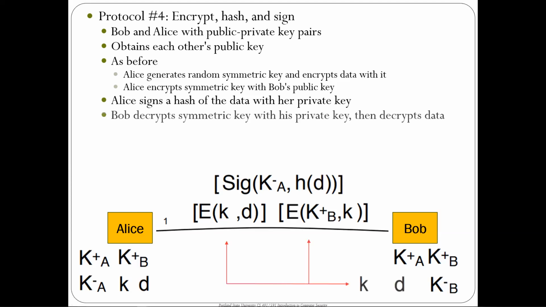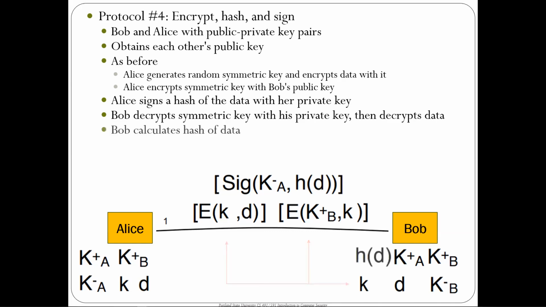And what this does is on the other side, Bob is going to do what he did before: decrypt the symmetric key with his private key, and then decrypt the data with the symmetric key. So those are the two steps that I just folded into one from the previous slide.